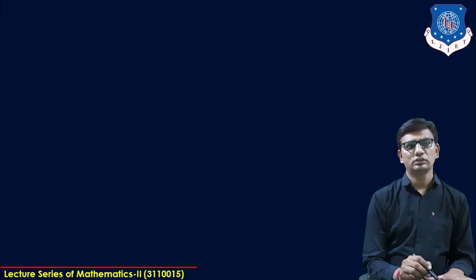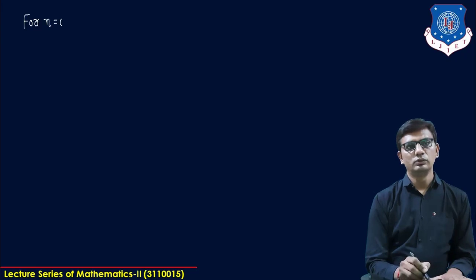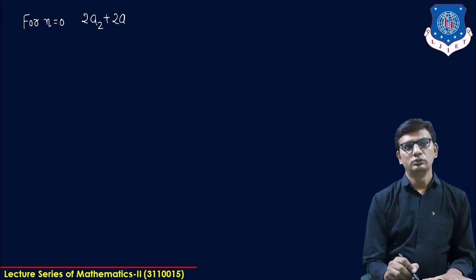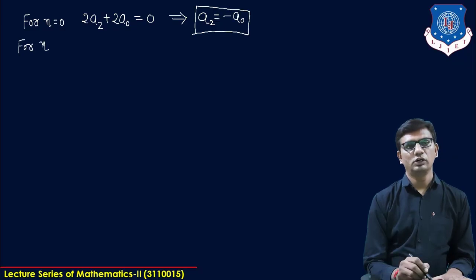Here, for n equal to 0, 2a2 plus 2a0 equal to 0. That implies a2 equals minus a0. For n equal to 1, 6a3 plus a1 equal to 0.